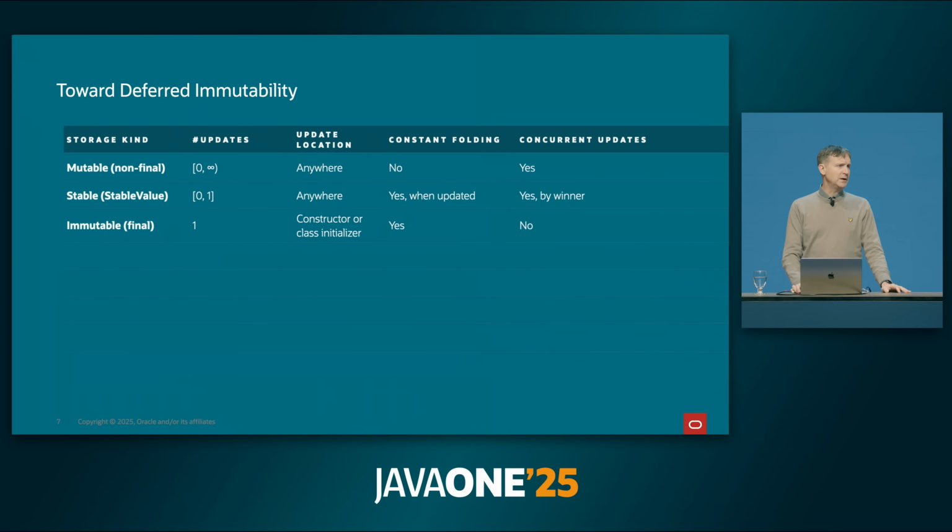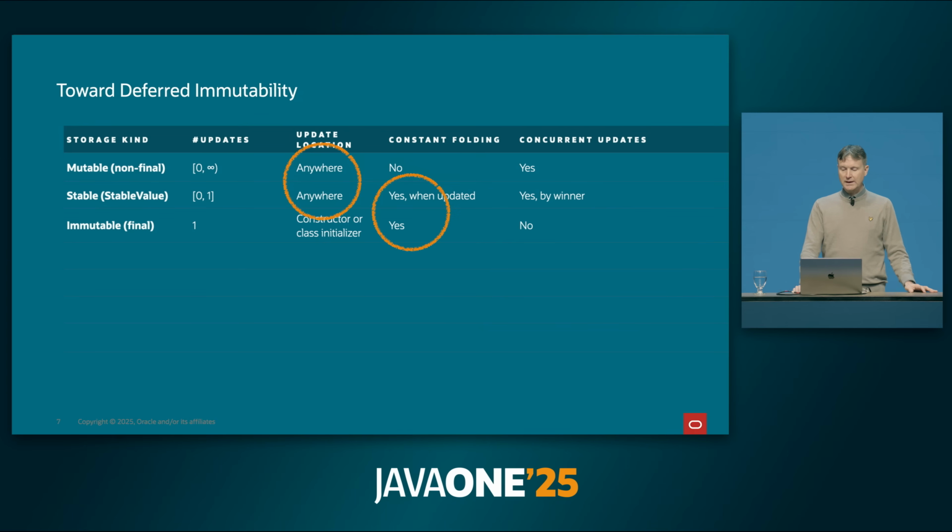Of course, you can never promise that anything is ever constant folded, but it's eligible for constant folding. And so we get the best of 2 worlds. We get the update-anywhere property from the mutable field, we get the constant folding from the immutable field, and we get the concurrent update from the mutable field.